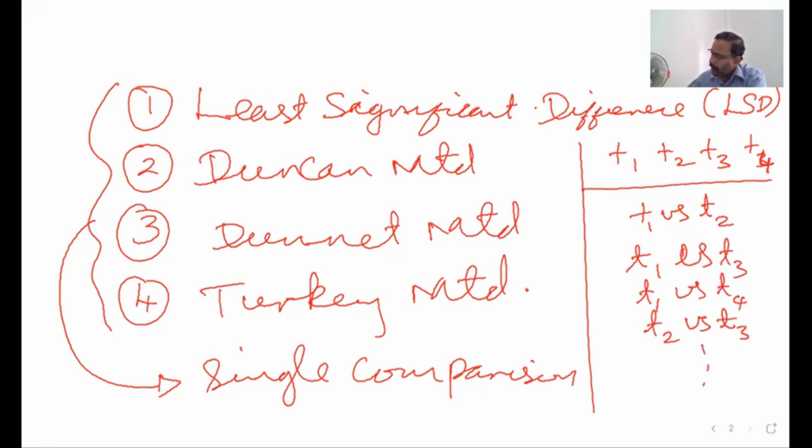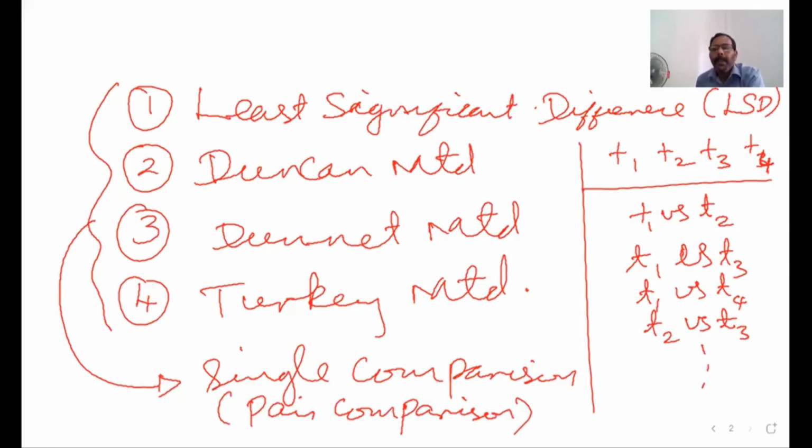Likewise, how many individual comparisons are possible?